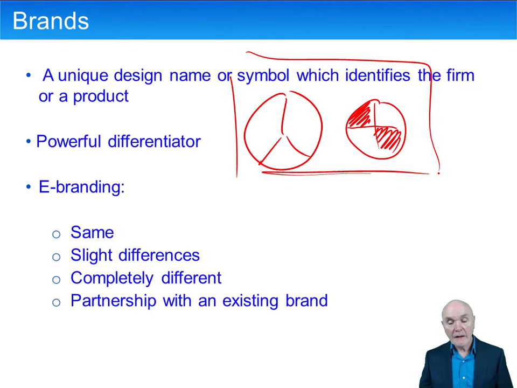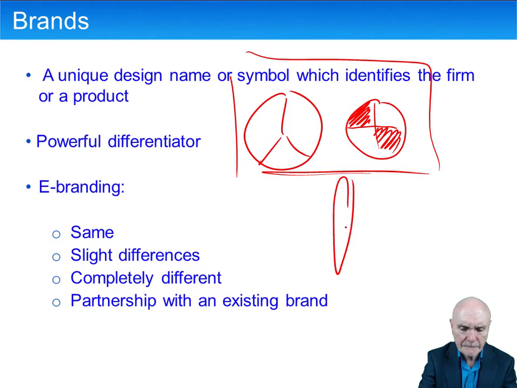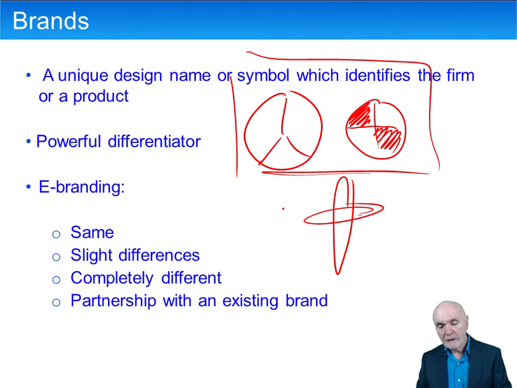If you come across a car brand like this, I'm trying to draw the Toyota one, then you know that it's probably good quality. It's not as expensive, but it's certainly a solid family car.